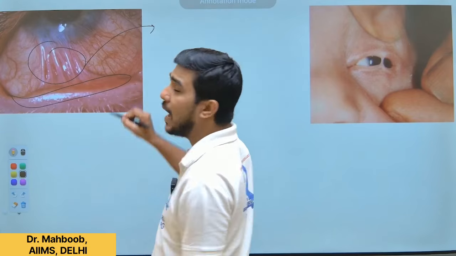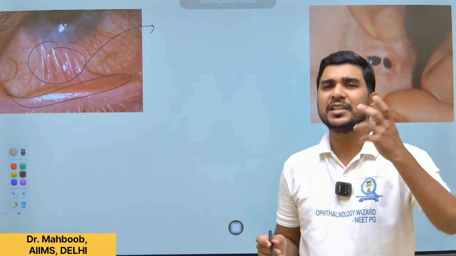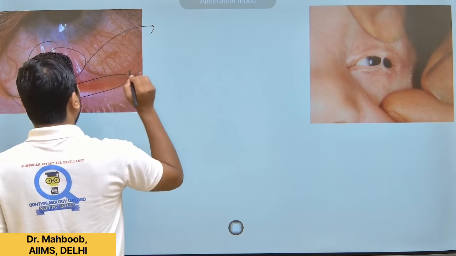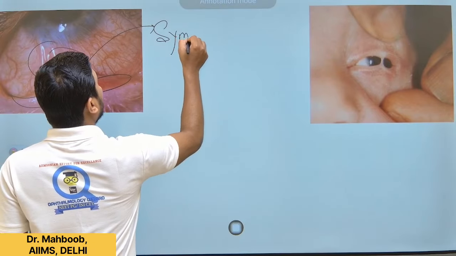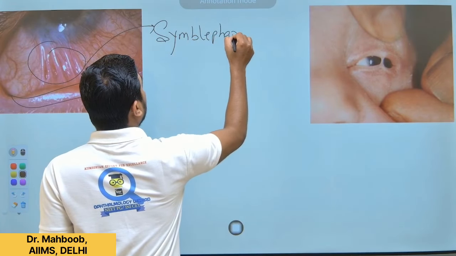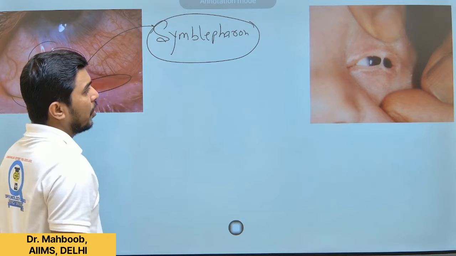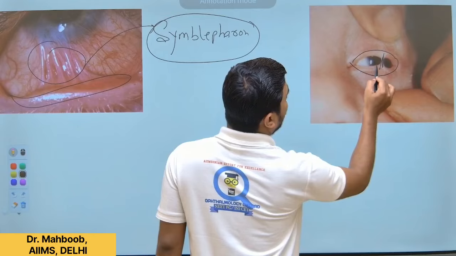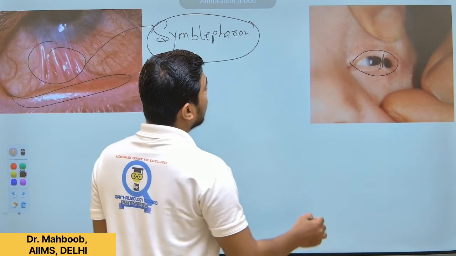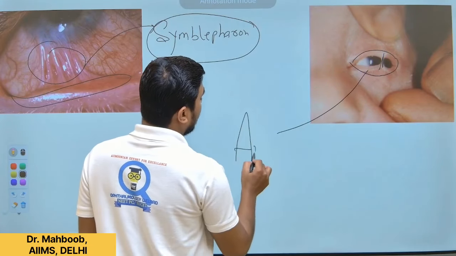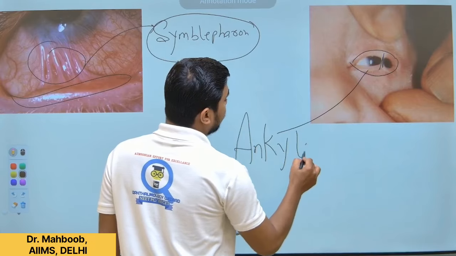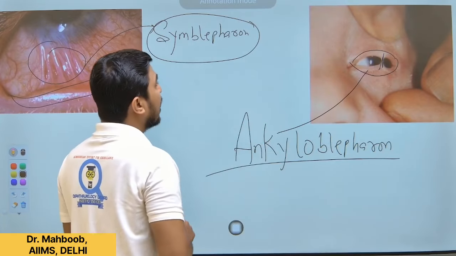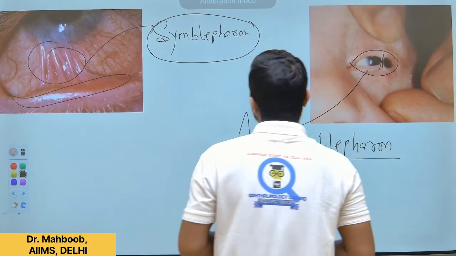If the eyelid is adherent to the conjunctiva, conjunctiva meaning eyeball, then it is called symblepharon. So this condition is symblepharon. But when the upper eyelid is connected to the lower eyelid at one or more places, this is called ankyloblepharon. Understood? So both things are important to understand.